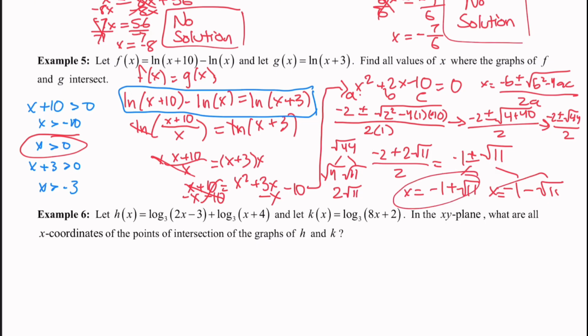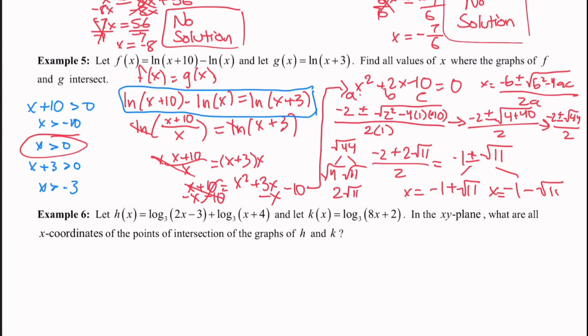So let's look back into here. Whatever square root of 11 is, we know it must be greater than the square root of 9, because we know what the square root of 9 is. That's 3. So it's greater than 3. So let's say negative 1 plus 3, that gives us 2. That's a positive number. So we know this answer must be greater than 2, which is greater than 0.